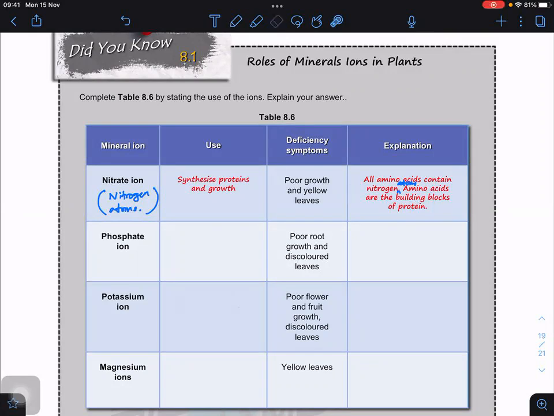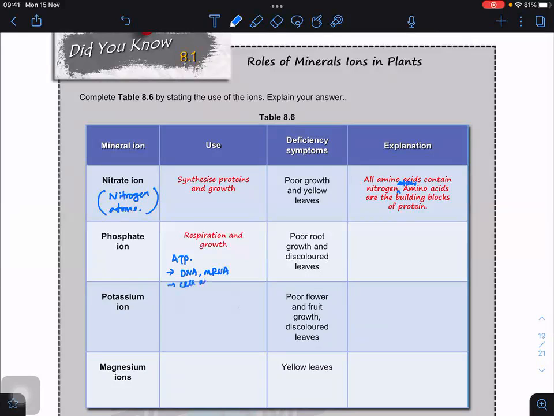How about phosphate ion? Phosphate ion has quite a number of functions. It is involved in respiration and growth. Why? Because ATP requires phosphates. How about the growth? The growth in terms of the DNA, mRNA also have phosphates.